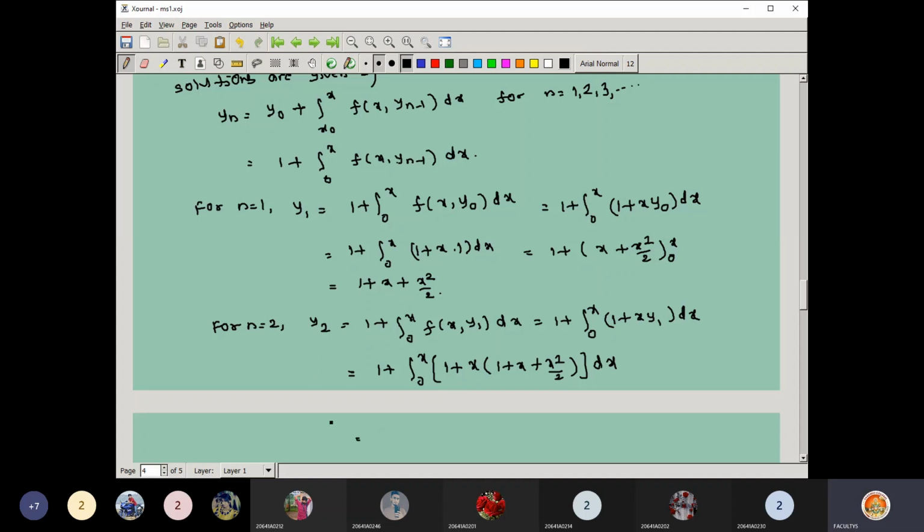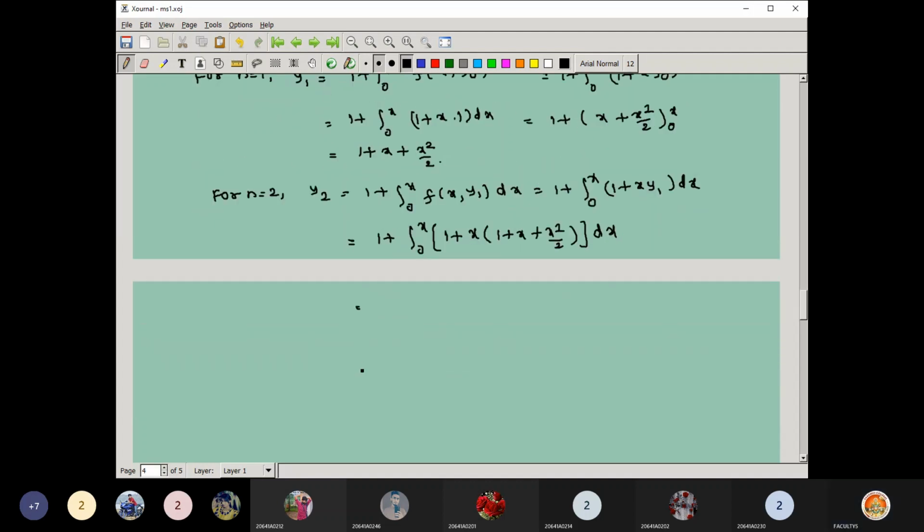So do the simplification first. It becomes 1 plus integral 0 to x, 1 plus, if I make the multiplication, x plus x square by 2 plus x cube by 2.